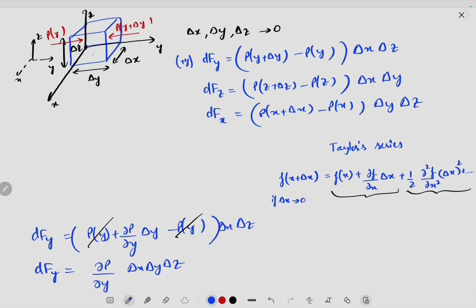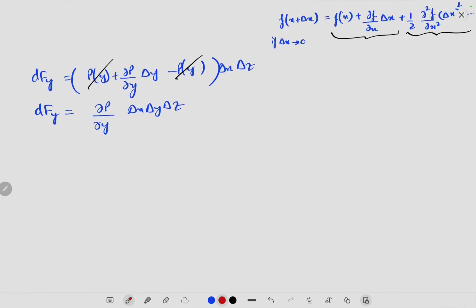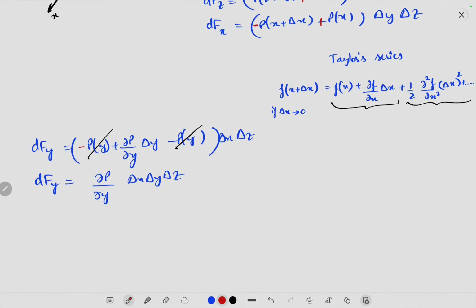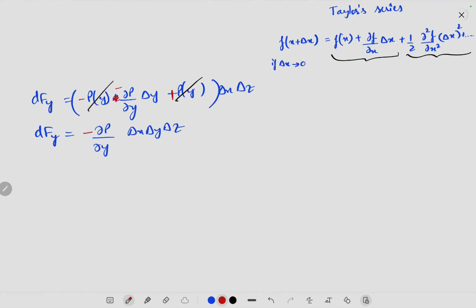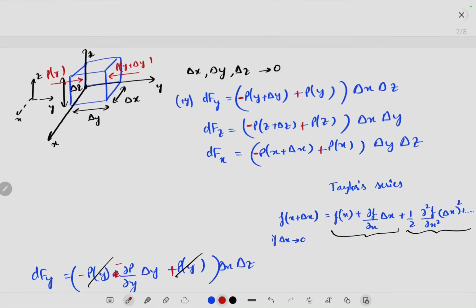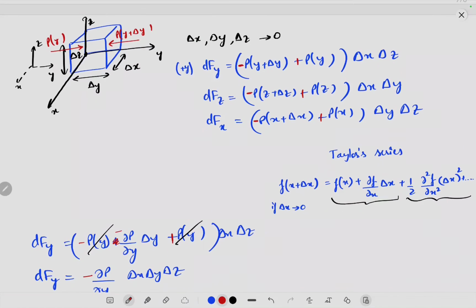So dFy should be given by P of y minus P of y plus delta y, and similarly dFz and dFx should be given by this, and thus dFy would look like this, and here you will get minus del P over del y into delta x delta y delta z. So is it clear that there was a sign mistake done by me?